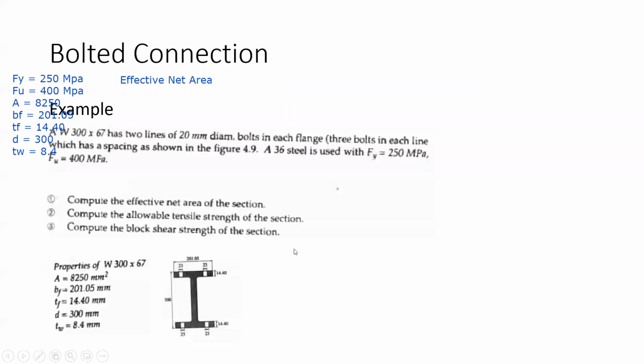So first, ang hinahanap is the effective net area. The given sa atin is the diameter of the bolt hole. Pag tinignan natin dito is 23. So let us also write that here.